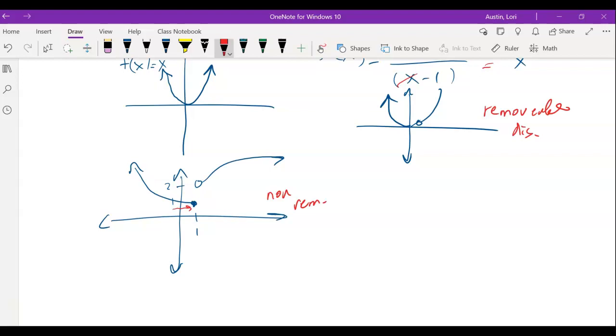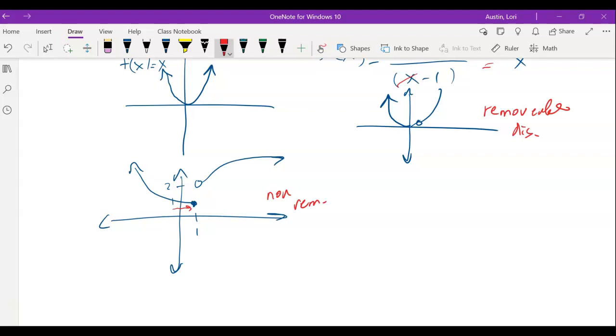Okay. Other differences. In my removable one, the value doesn't exist at 1, right? You can't evaluate the actual function at 1. Can I evaluate the function of my piecewise? Yeah, I can evaluate it, but the limit doesn't exist.